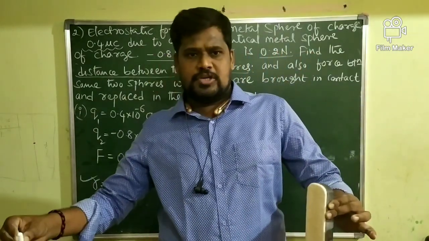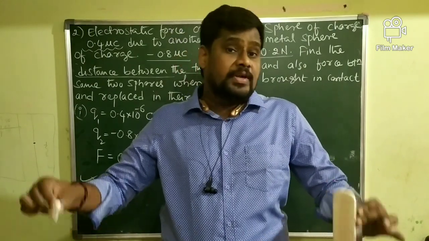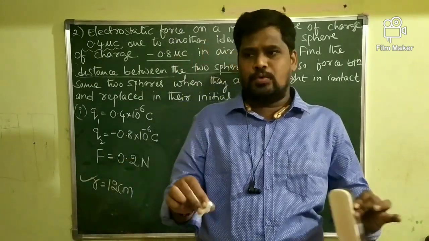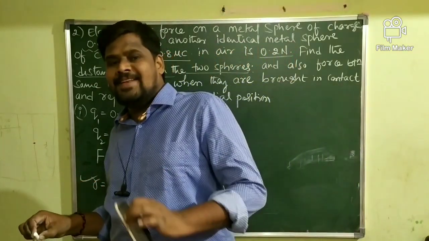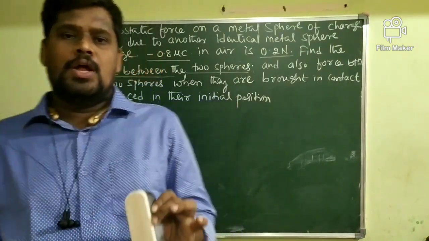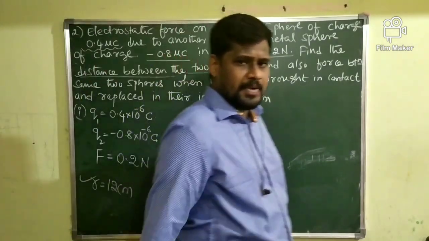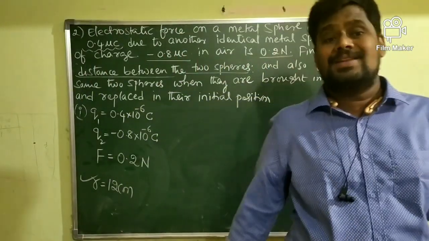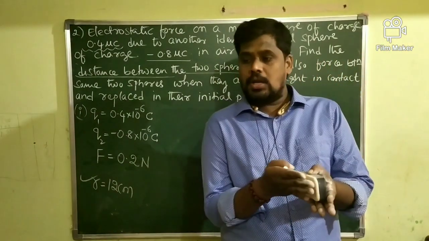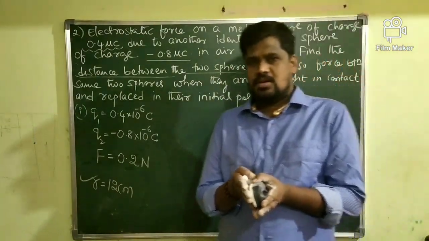After doing this, they are asking you to determine what is the new force between the two charged spheres. My question is, what happens when the two identical spheres are brought in contact with each other?